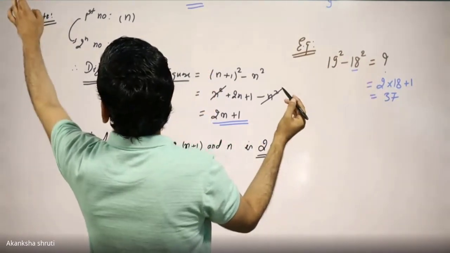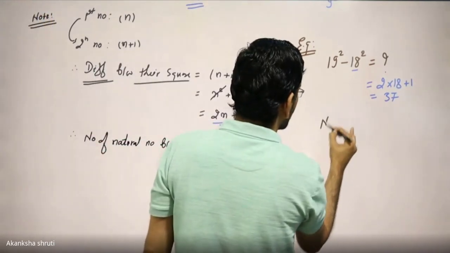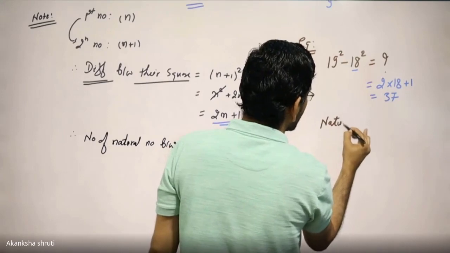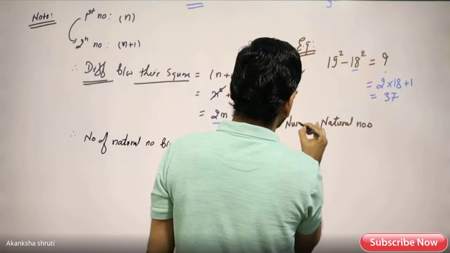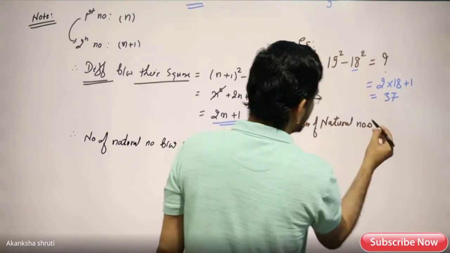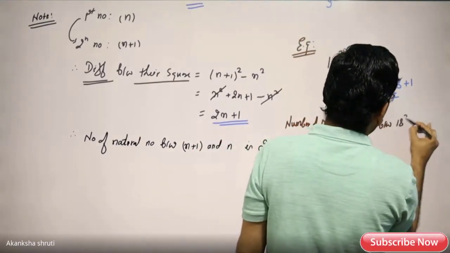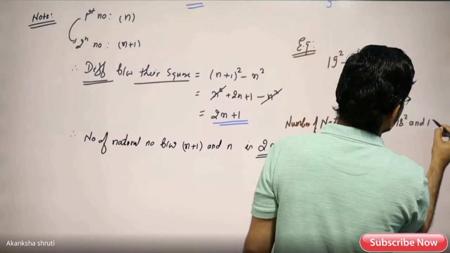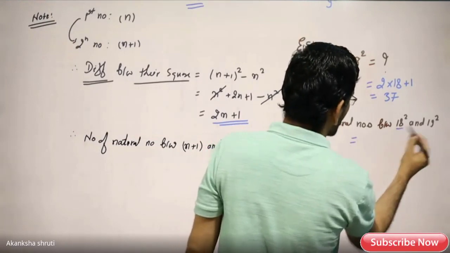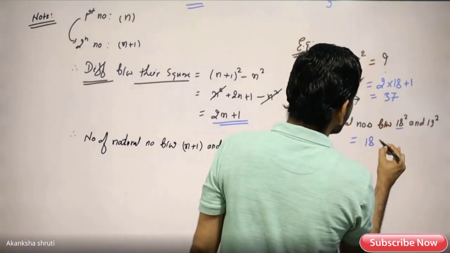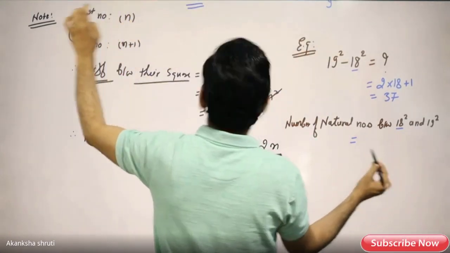But if it is asked the number of natural numbers between this 18 square and 19 square, at that time we have to take this smaller number 18 and just multiply it by 2, or 2 multiplied by the smaller number.